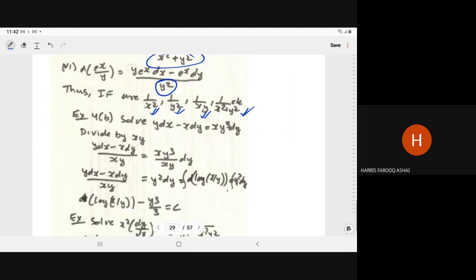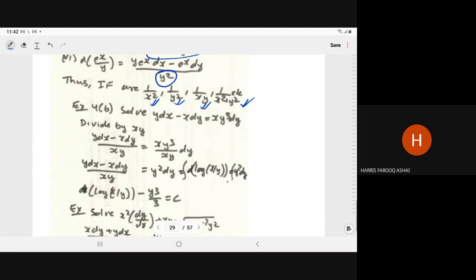For example, solve y dx minus x dy is equal to xy cube dy. If you divide the whole equation by xy, it will become y dx minus x dy upon xy, and on this side xy cube upon xy. So this can be written as y dx minus x dy upon xy is equal to y square dy, and from the above formula we have seen this can be written as d of log of x upon y.